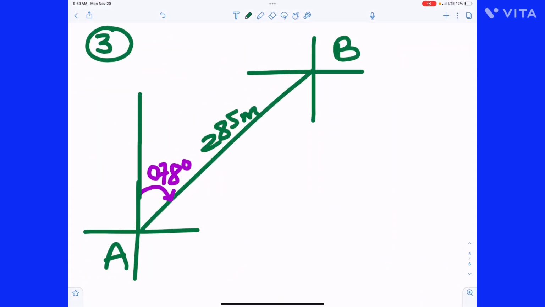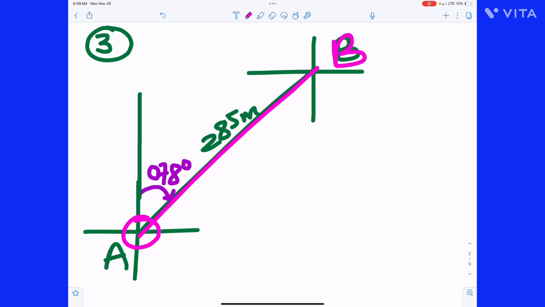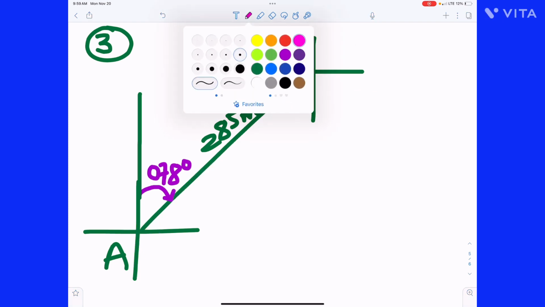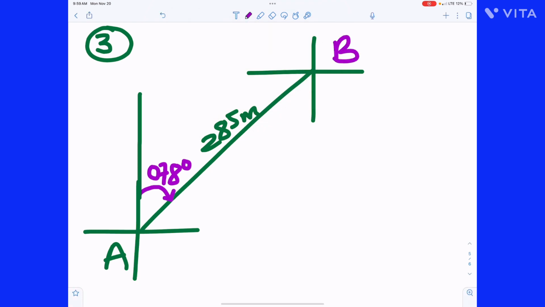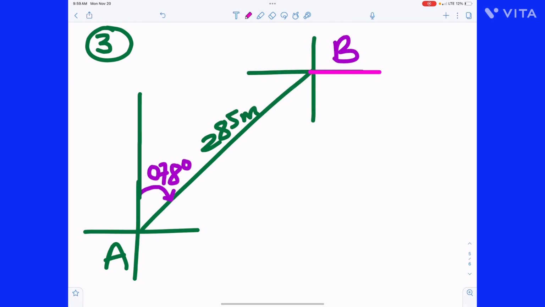So this place has already been called B. So the question says that it then walked due south. Now, from B, this is due east of B.